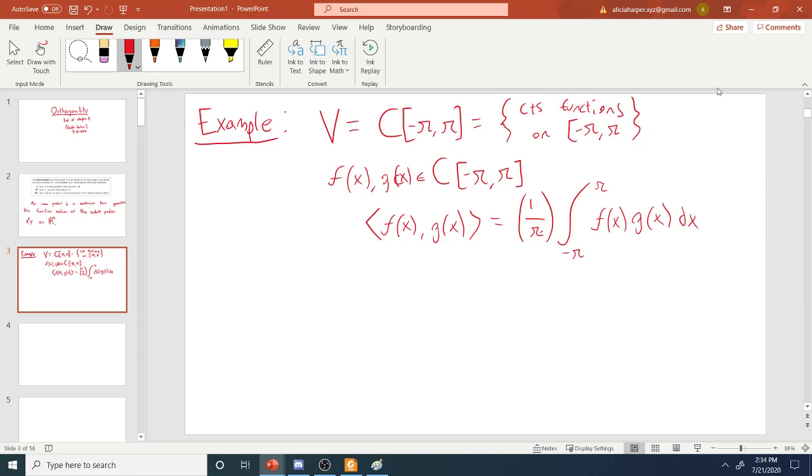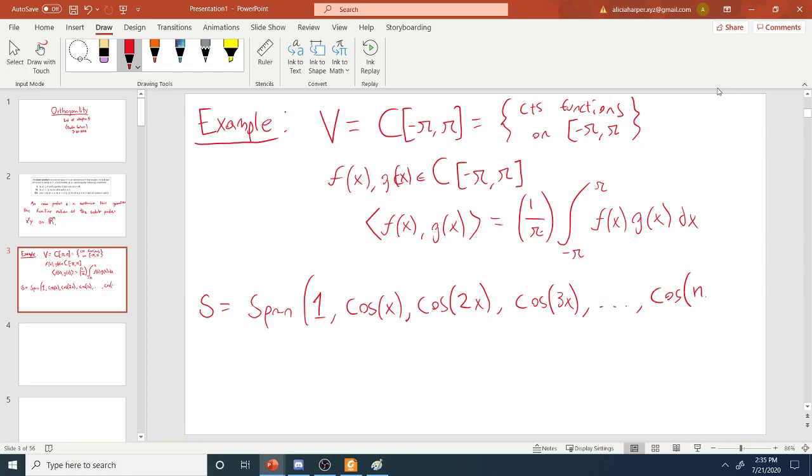So here's the reason I have this 1 over pi factor. I'm going to look at a very specific subspace of V. In fact, I'm going to look at the subspace S spanned by the following functions: 1, cosine of x, cosine of 2x, cosine of 3x, and so on, up to cosine of nx.